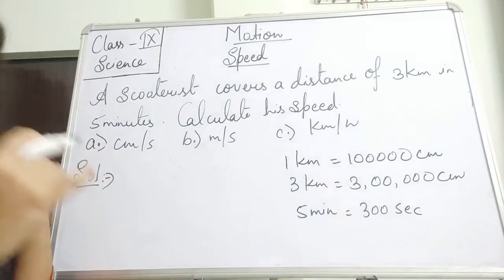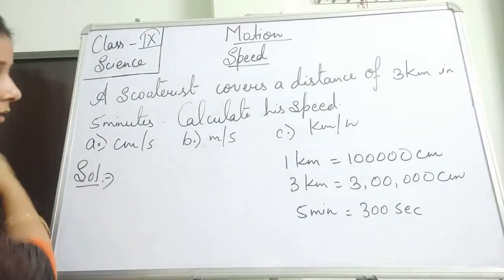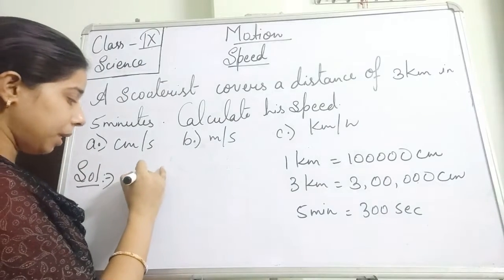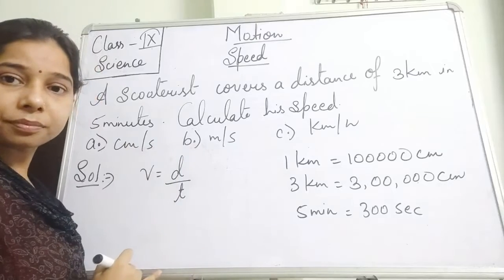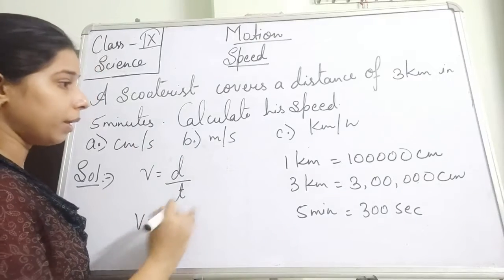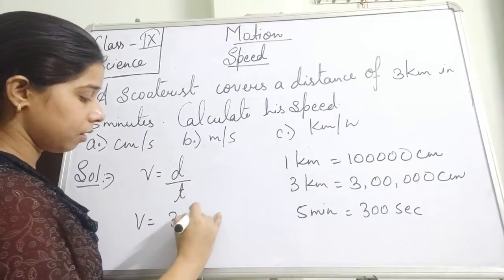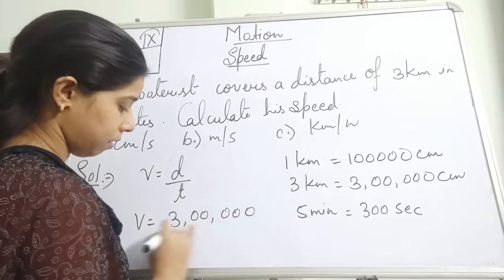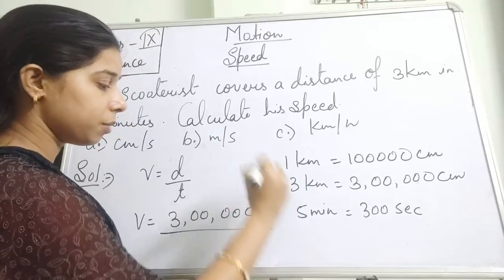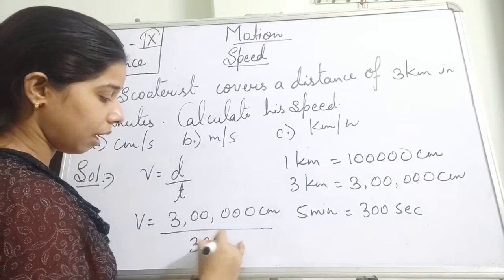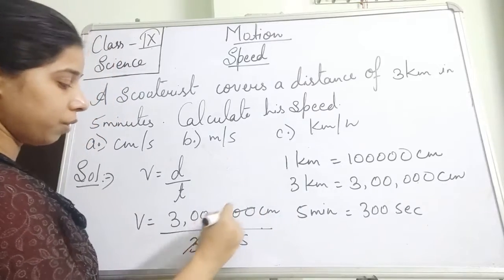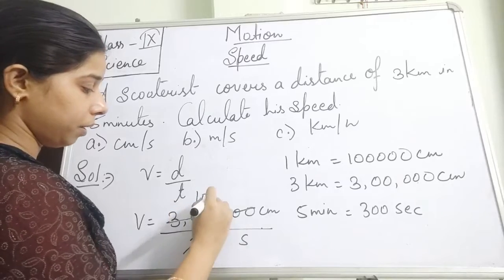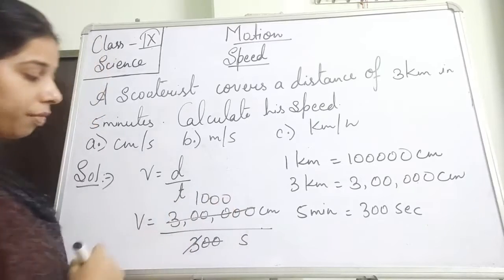Now we have to put in the values. We know that speed is equal to distance upon time. So V will be equal to, what is the distance here? That is 3 lakh, in centimeters, and then 300 seconds. So these two will cancel each other, this 3 will get cancelled and it will be 1000.